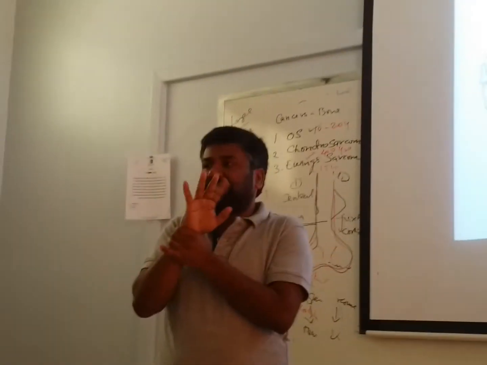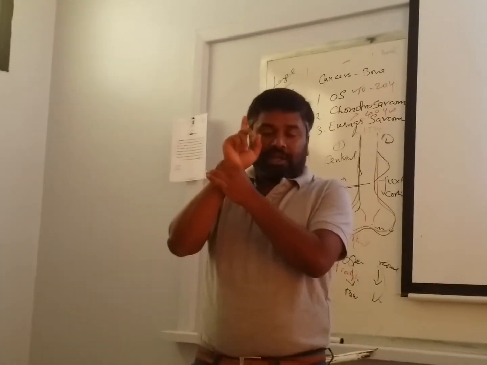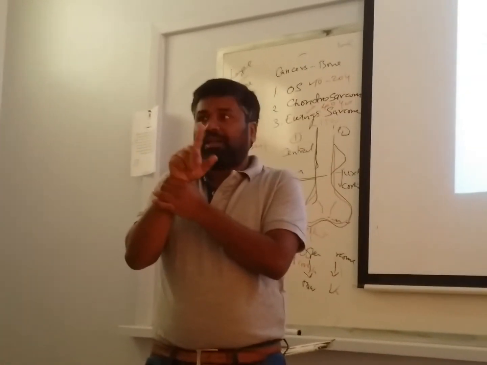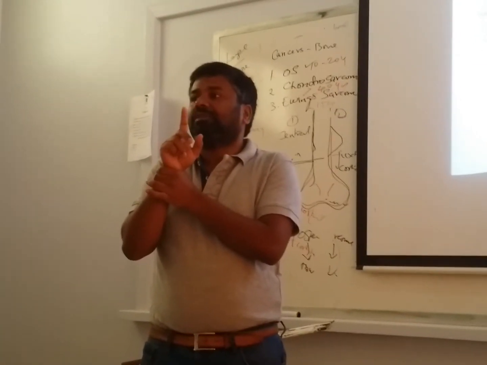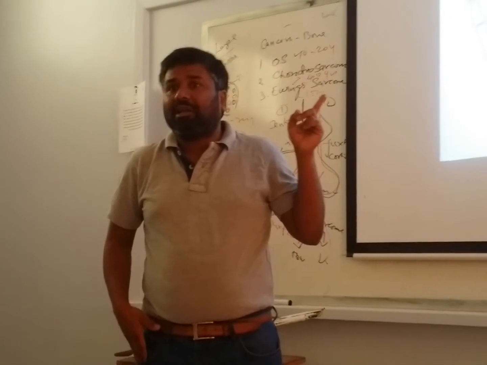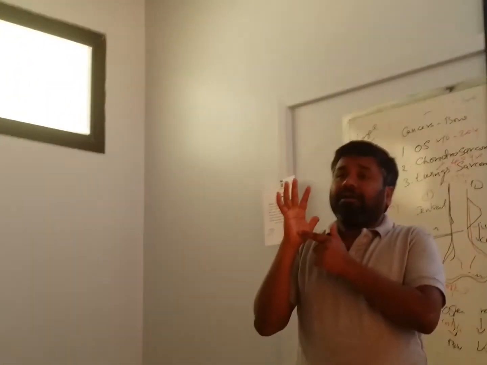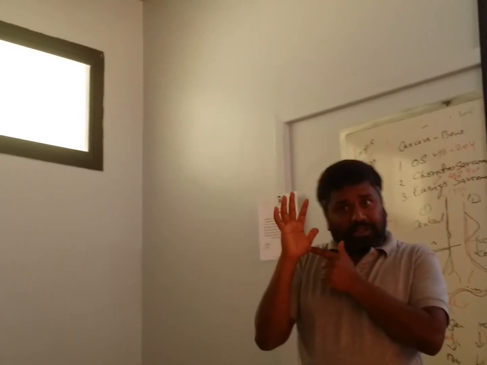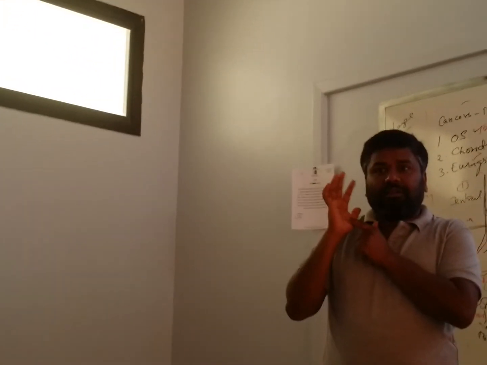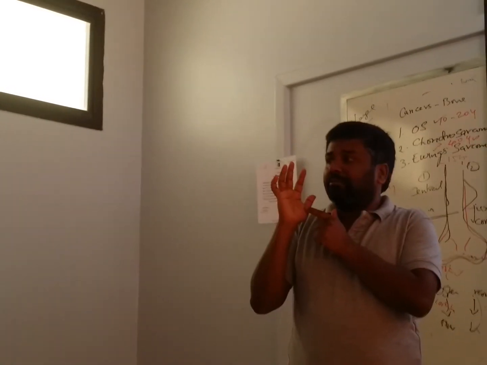All the intrinsic muscles in the hand are supplied by the ulnar nerve, again except the first and second lumbrical and the thenar muscles. In that, again one exception, that is adductor pollicis. The rest are supplied by the median nerve.